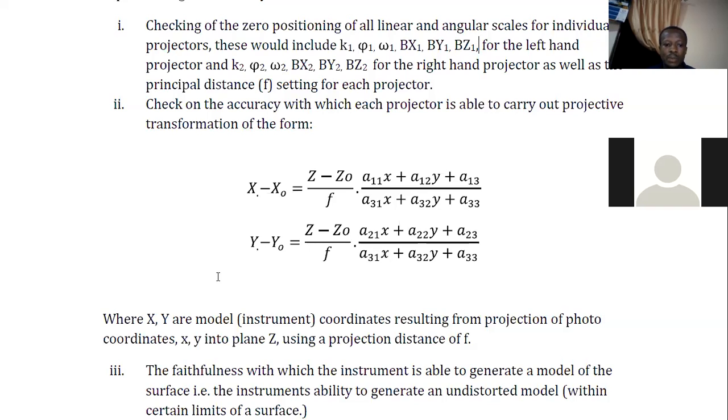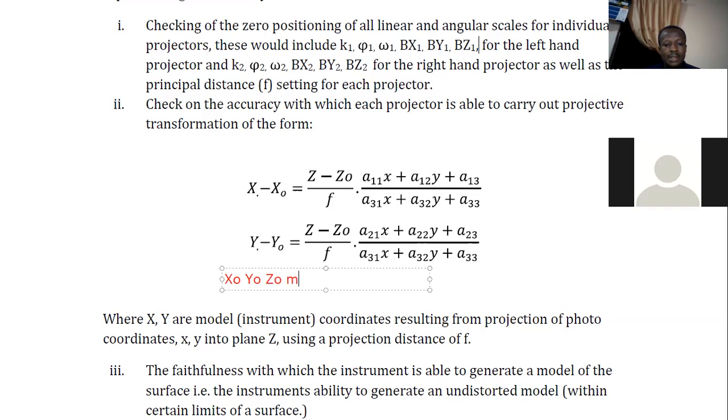These actually represent the coordinates that we are supposed to determine, in the so-called exterior orientation parameters. So x0, y0, z0. These are the exterior orientation parameters.